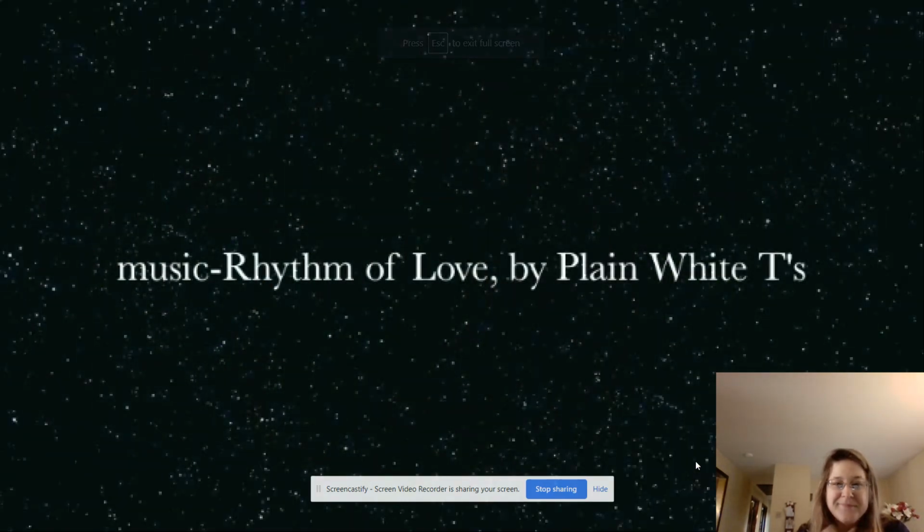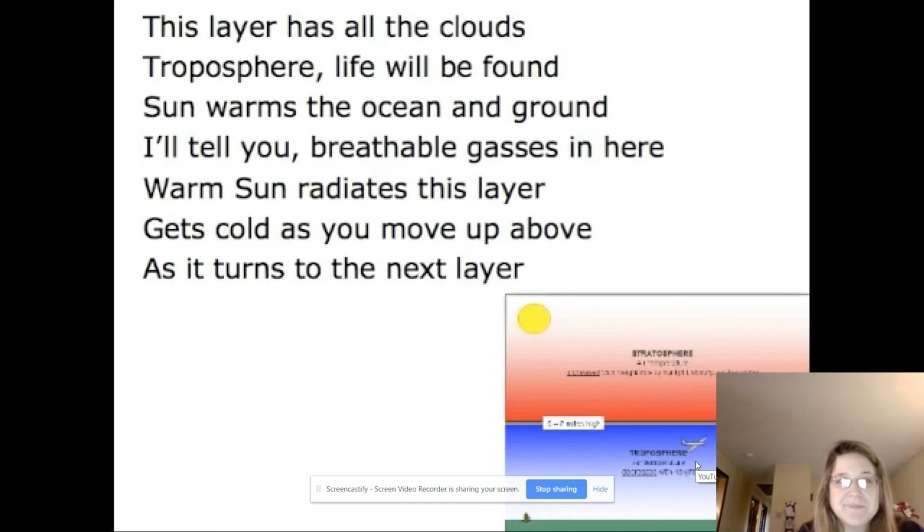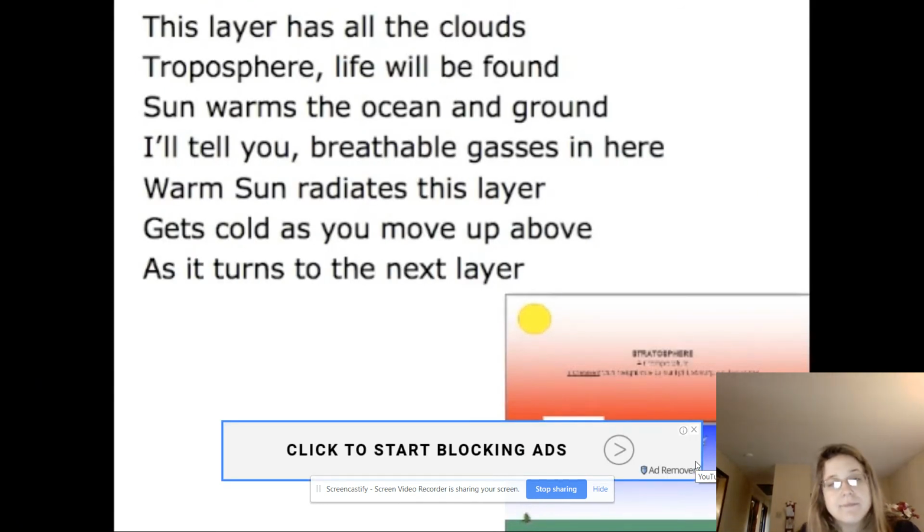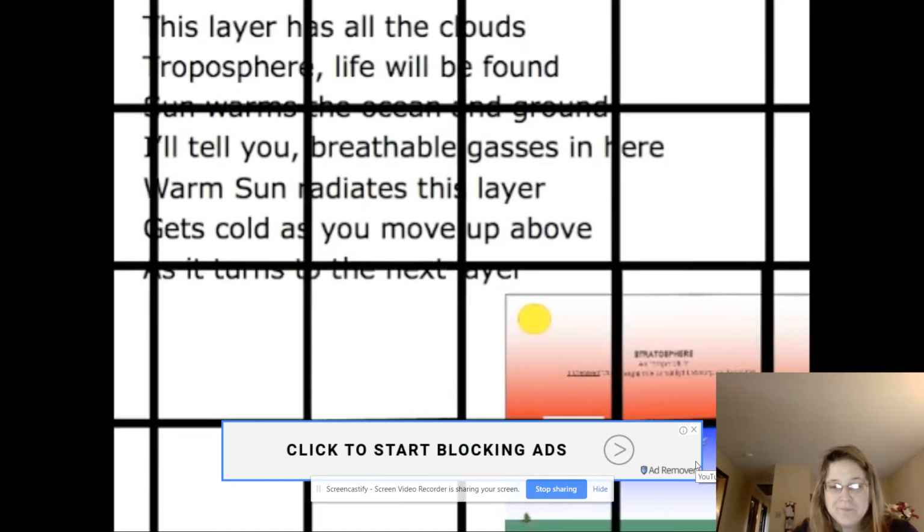This layer has all the clouds. Troposphere, life will be found. Sun warms the ocean and ground. Breathable gases in here. Warm sun radiates, this layer gets cold as you move up above, as it turns to the next layer.